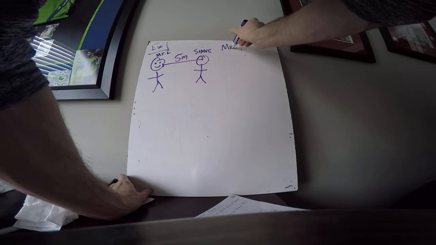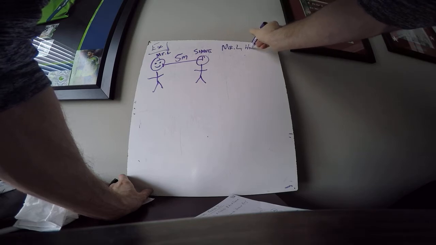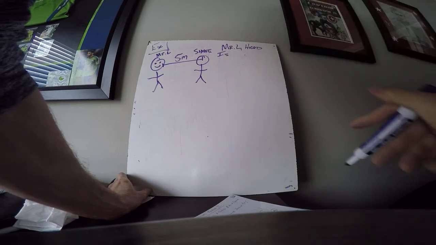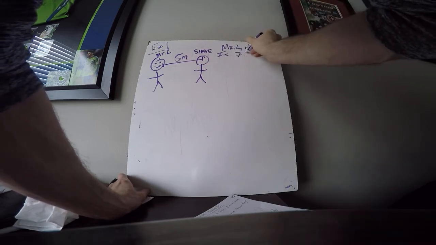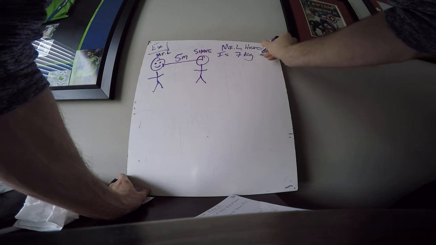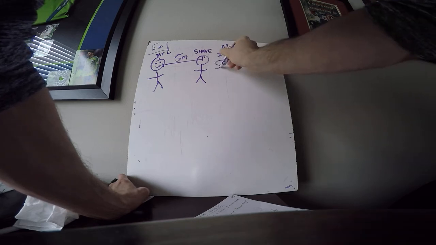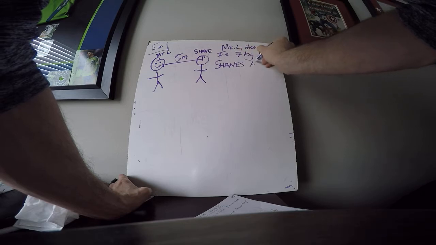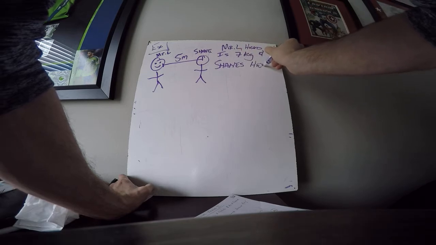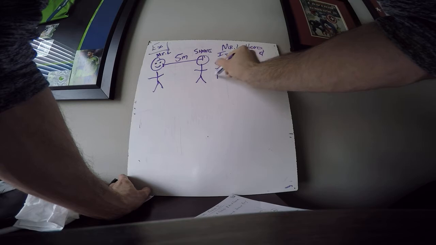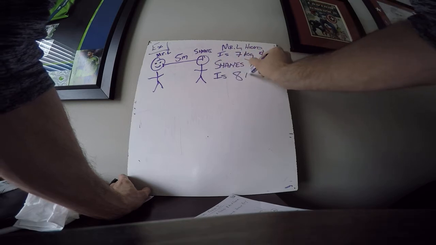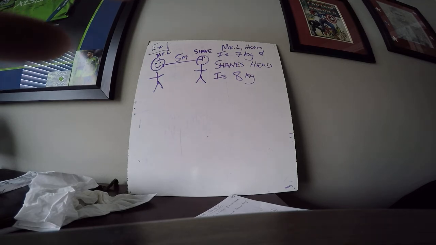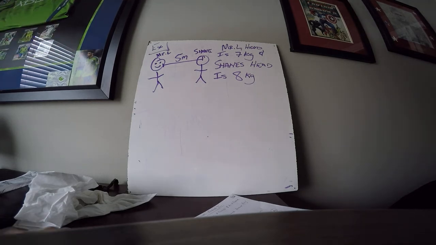Mr. Little's head is 7 kilograms, and Shane's head is 8 kilograms, because he's pretty dang smart. He's smarter than me, that's for sure, getting extra sleep every morning.